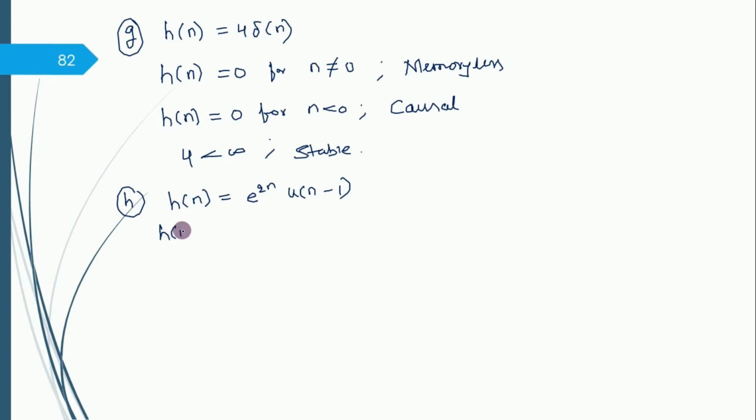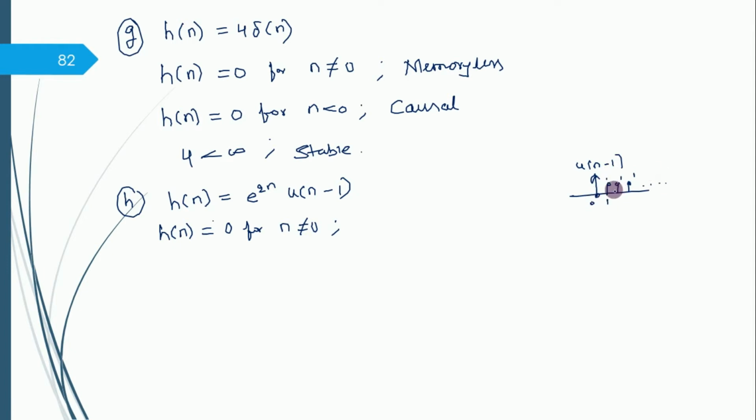The memoryless condition is that h of n should be equal to 0 for n not equal to 0. Whether that is happening here: e raised to 2n is exponential, and u of n minus 1 will have a step, sorry, it's a continuous time. Let me just erase it. So up to 0, the value will be 0, and from 1 onwards you will have amplitude 1.